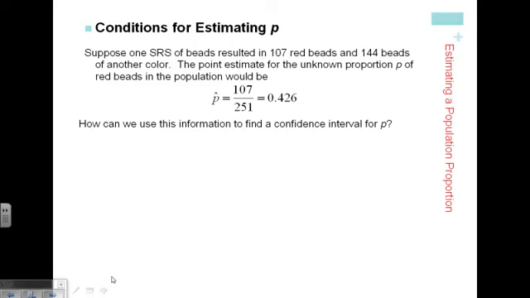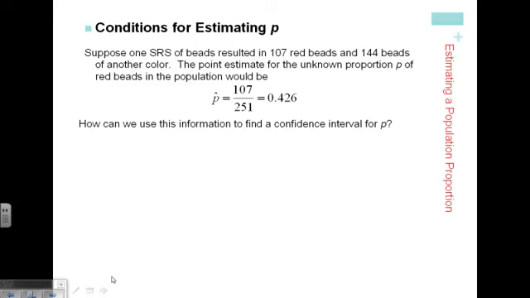I'm going to call that barrel of beads a population. And I want to find out what proportion are red. Lots and lots of beads in there. Do you want to do all of them? Well, it depends. Do I need you to be 100% accurate? No, I just want to get a sense of what proportion are red beads. What if you did a sample instead?